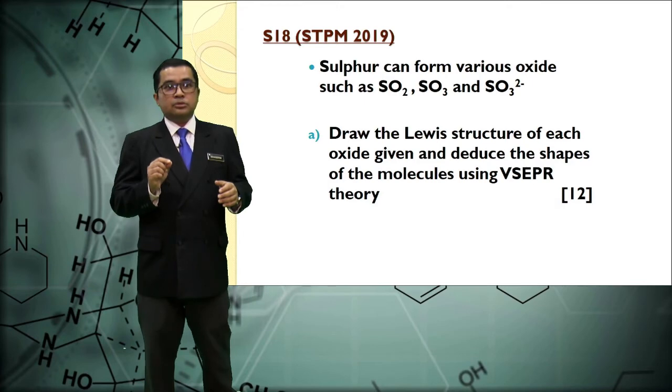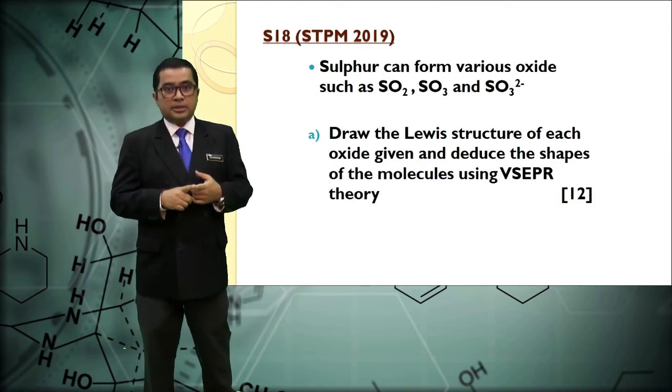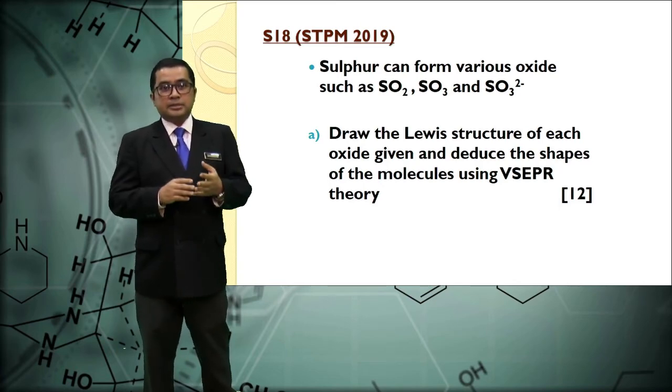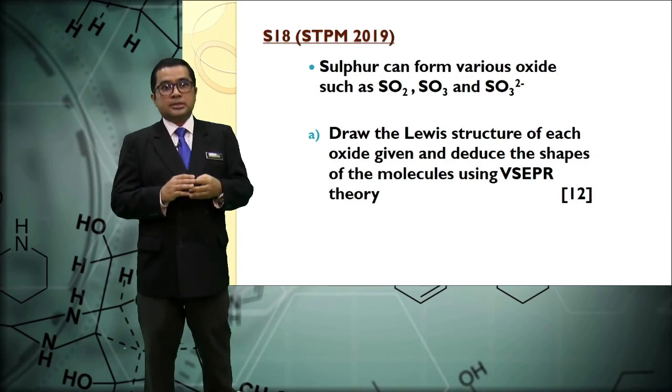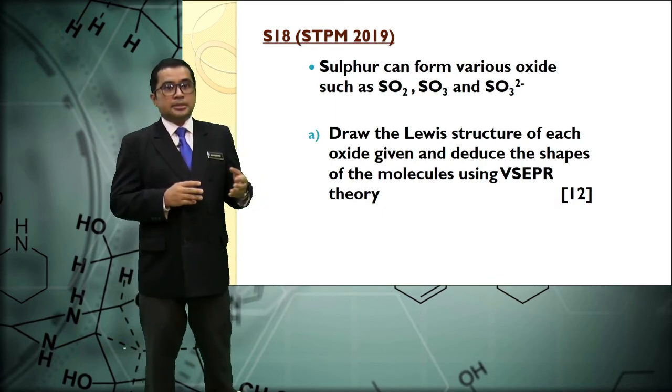Make sure that you highlight what the questions are and what the information is. The question needs you to draw the Lewis structure of each oxide given, and then determine the molecular shape using VSEPR theory. The marks given are 12, so 4 marks for each structure. So we go to the answer.